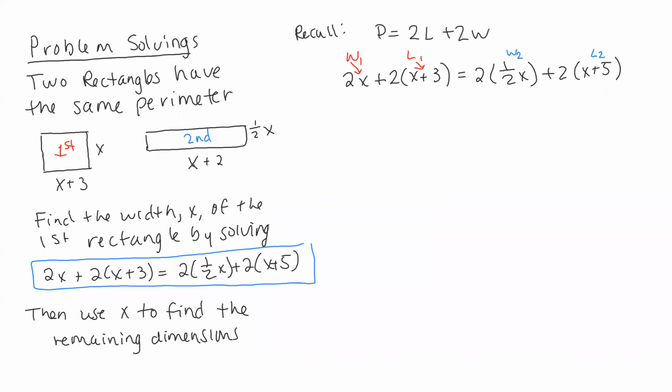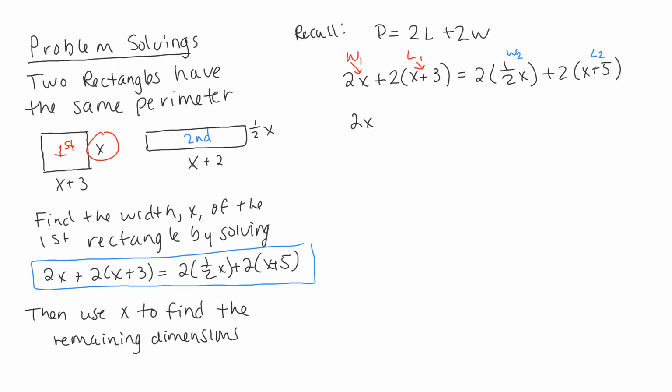So we have 2 times the width of the first plus 2 times the length of the first, equals 2 times the width of the second plus 2 times the length of the second. And if we can solve this equation, we will get x, which is right here, that's the width of the first rectangle, and we can use that to find the length of the first and then the length and width of the second. So let's go ahead and start distributing.